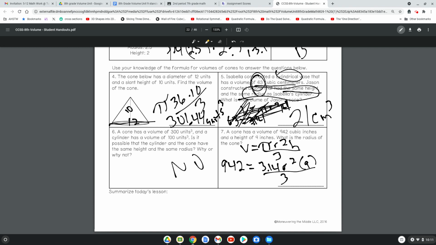Well, you can do a couple things. If we're just solving for the equation, I would simplify this side, and I would do 3.14 times 9, which I'm getting my calculator out here. So 3.14 times 9 is 28.26.